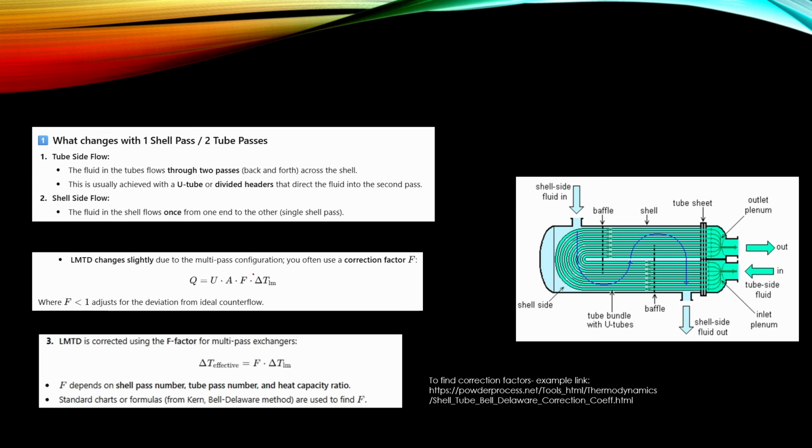These correction factors depend on your shell pass number, tube pass number, your capacity ratio and so on. You can find these correction factors from open literature. Here is a link to one very good publication from which you can find correction factors for different cases.